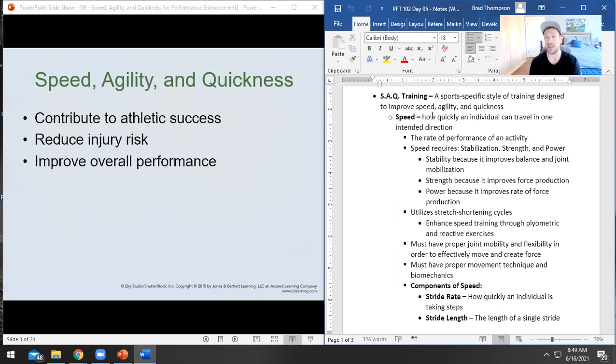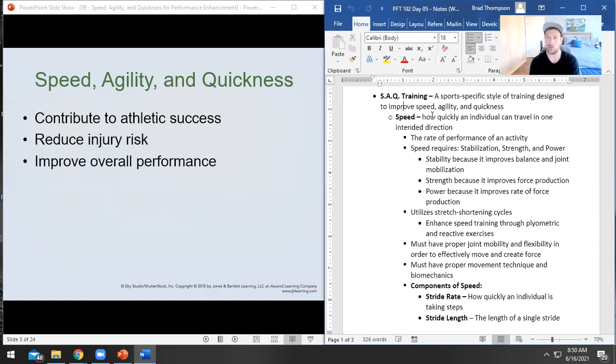So for instance, if you were a baseball player, an outfielder, and someone hits a big pop fly over your head, going all the way to the fences, and you are tracking that as you are running backwards, and then you make a last minute adjustment as you see where the ball is headed.